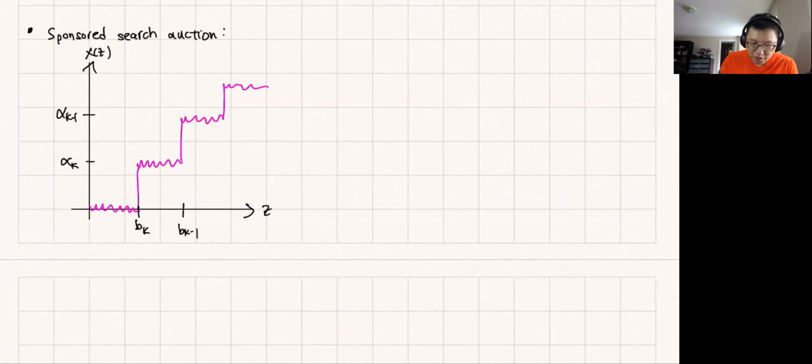All right. So in the sponsor search auction, the player who bid the k minus 1 highest will get alpha k minus 1. The player who bids k highest will get alpha k, etc. And if you remember, the payment for this is the area to the left of things.